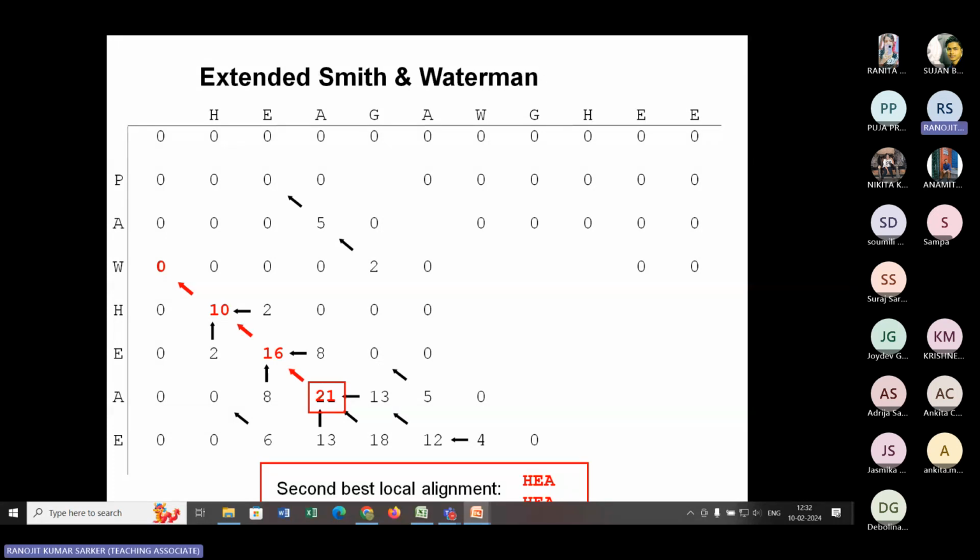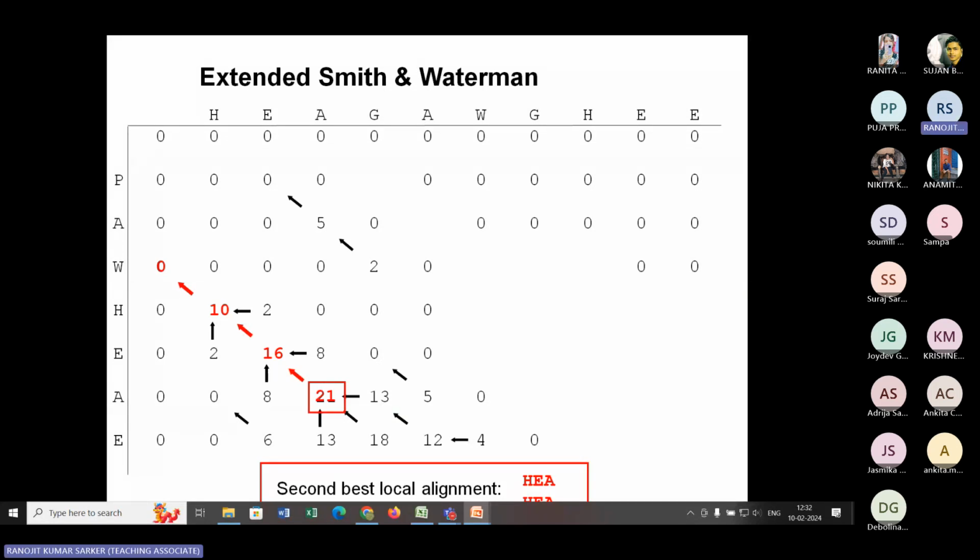Now if you apply NW, you can get a similar region with many gaps. But if you apply SW, just by putting one position gap, you can find two conserved regions.